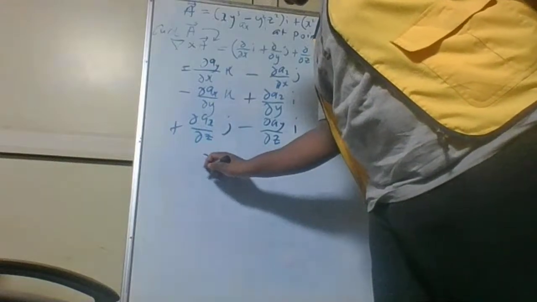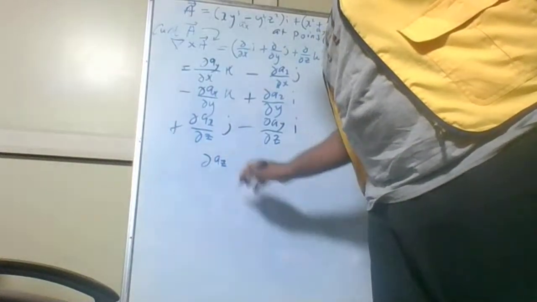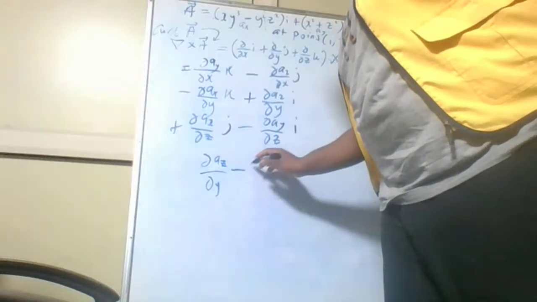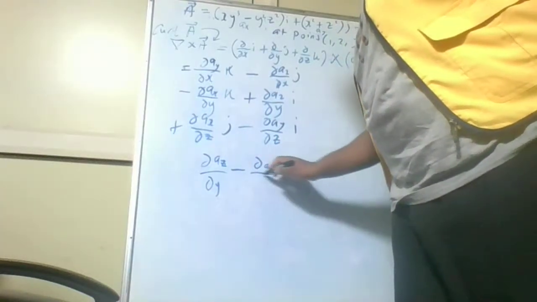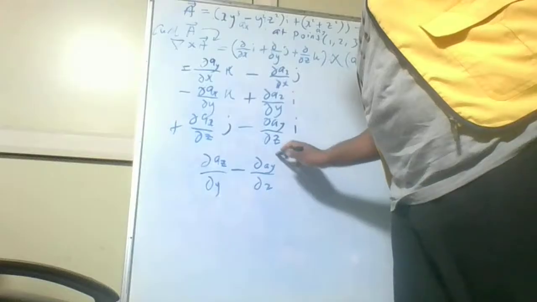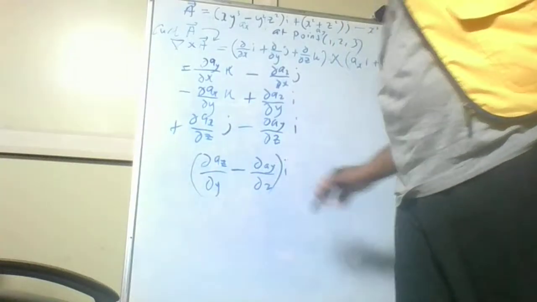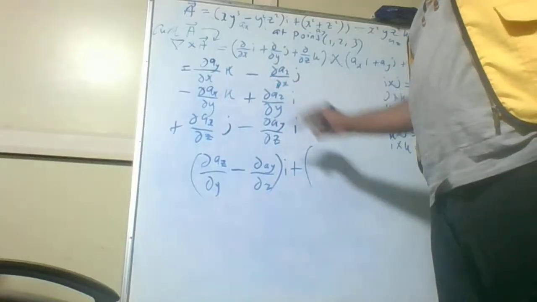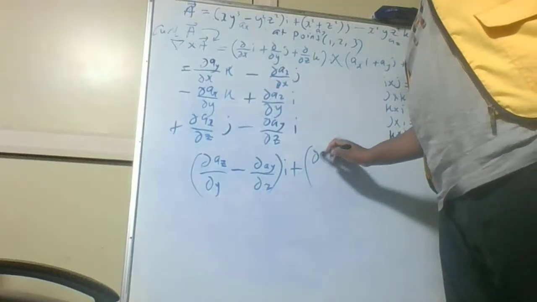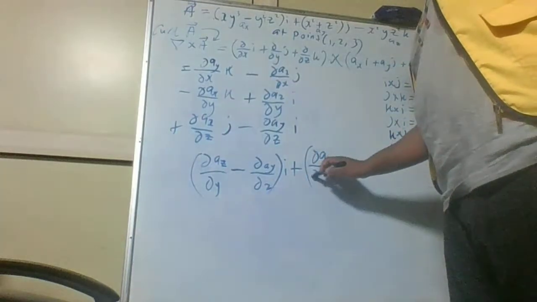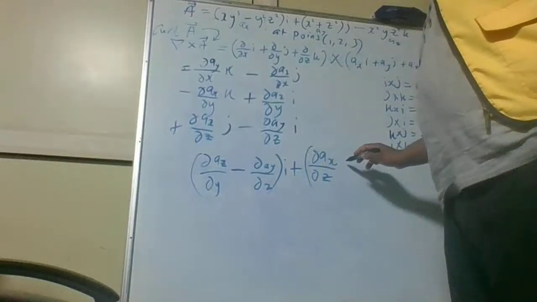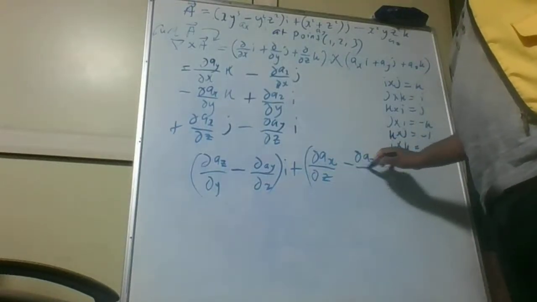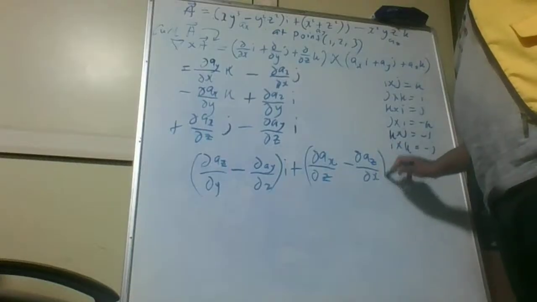Okay, so you now add the i component. The i component is partial az over partial y minus partial ay over partial z, i. Plus that for j, you have partial ax over partial z, negative partial az over partial x, j.